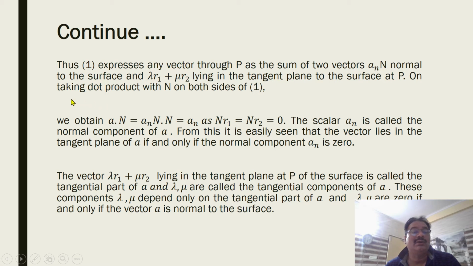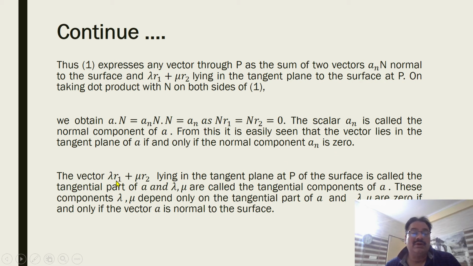On taking dot product with N on both sides of 1, we obtain A dot N is equal to a_n N dot N, which is a_n, as N dot r1 equals N dot r2 equals 0. The scalar a_n is called the normal component of A. From this, it is easily seen that the vector A lies in the tangent plane if and only if the normal component a_n is 0.